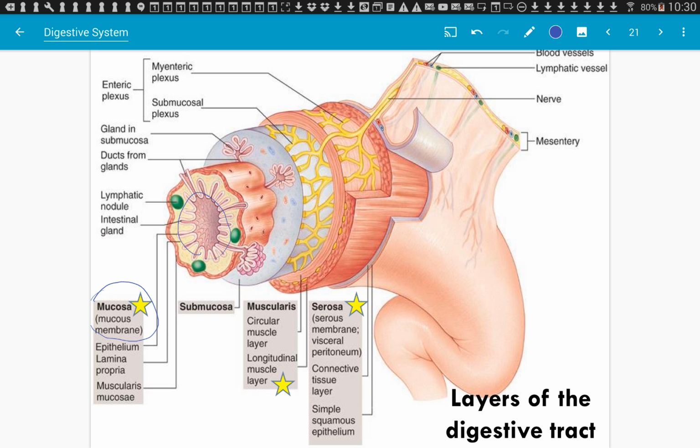Goblet cells in epithelial tissue or associated with epithelial tissue. Then you have the middle layer, the muscularis, and this is smooth muscle. We've already talked about smooth muscle and peristalsis and the mixing action. And then the outermost layer is the serosa, or the visceral peritoneum.